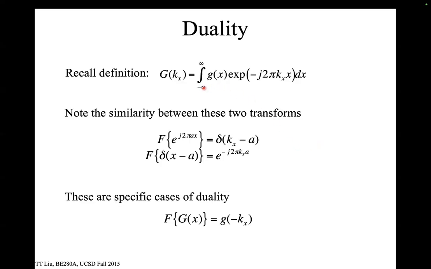So this is our Fourier transform definition, and I have a Fourier transform of a phasor. You can think of this as a unit vector in the complex plane spinning at a specific frequency, a x. When I take that Fourier transform, I get a delta function at this single frequency a.